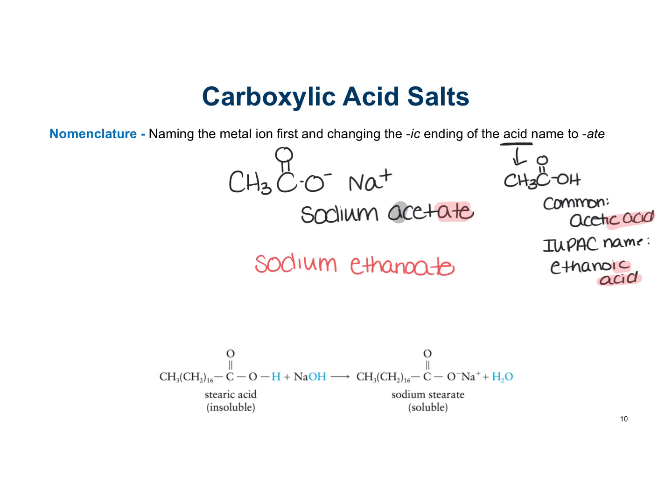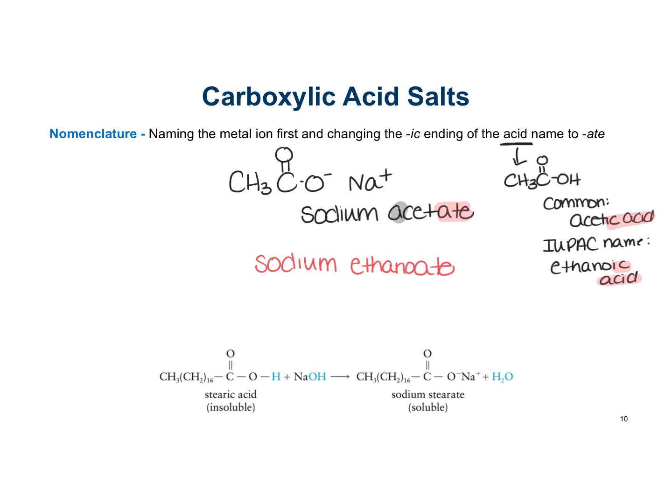Now, even your long chain acids can be solubilized by converting them into their salts. So for example, stearic acid is insoluble, but if we add sodium hydroxide to it, which is a really strong base, you end up getting sodium stearate, which here is soluble.